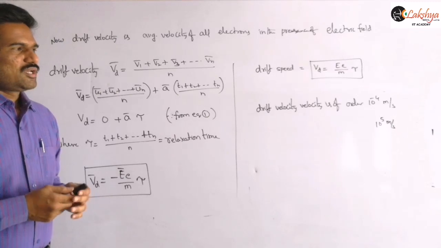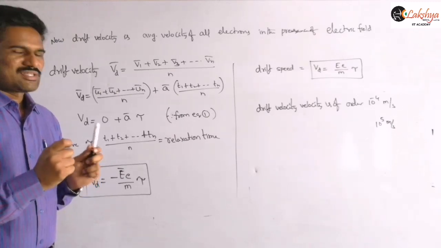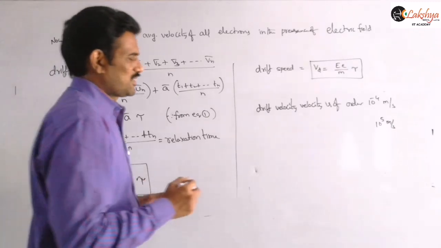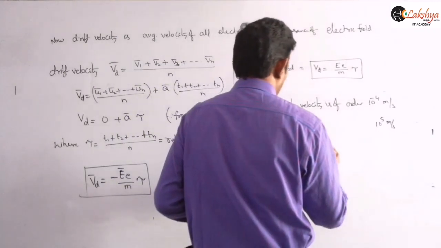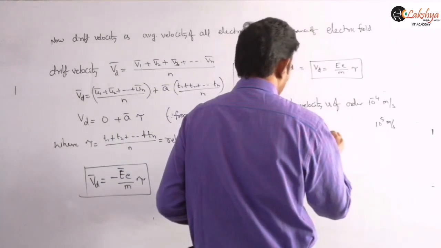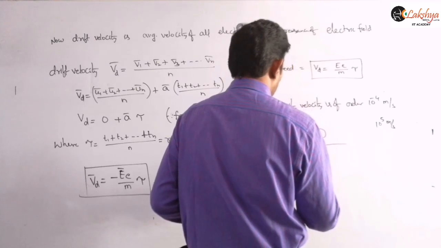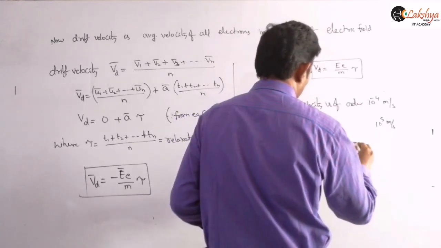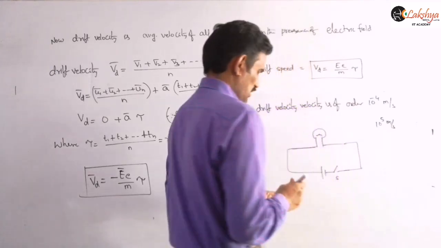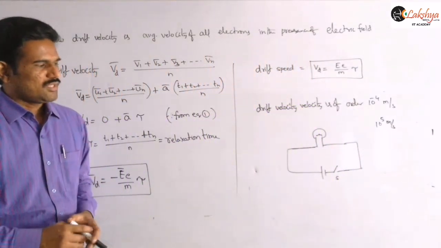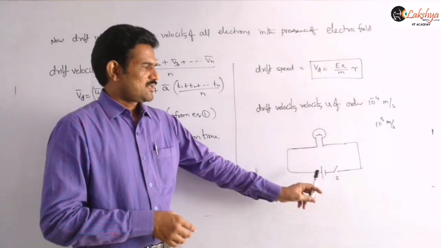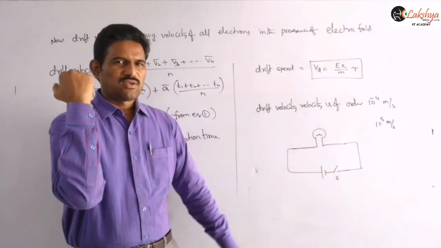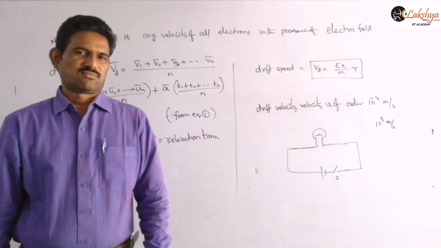Suppose I take a circuit like this. Here one electric bulb is there, and here a battery and a switch arrangement. Suppose this bulb is situated very far away from the source.